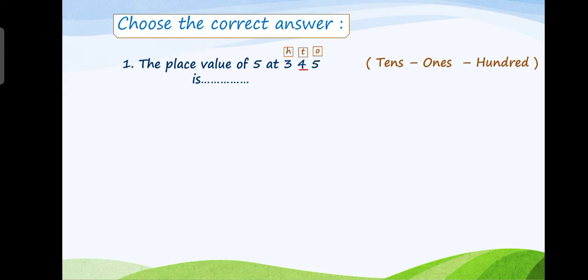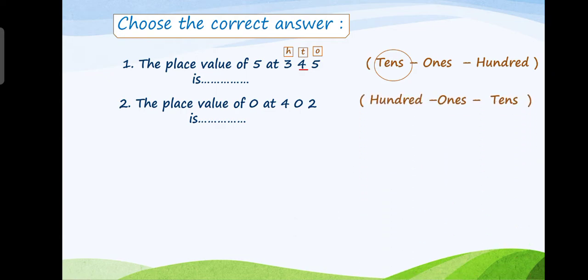The 4 is in tens. Yes. Number 2, the place value of 0 in 402. Let's put the places: ones, tens, hundreds. 0 is in which place? 0 is in the tens place.